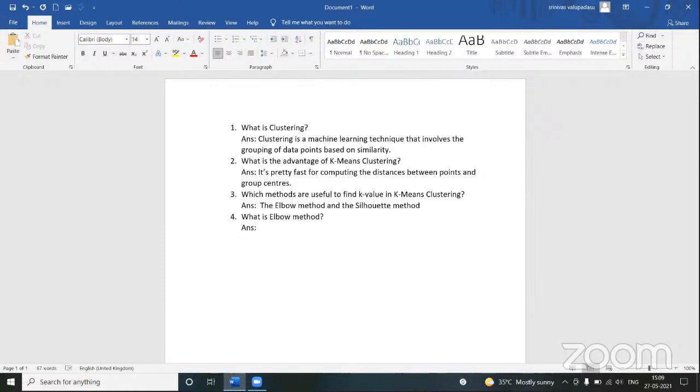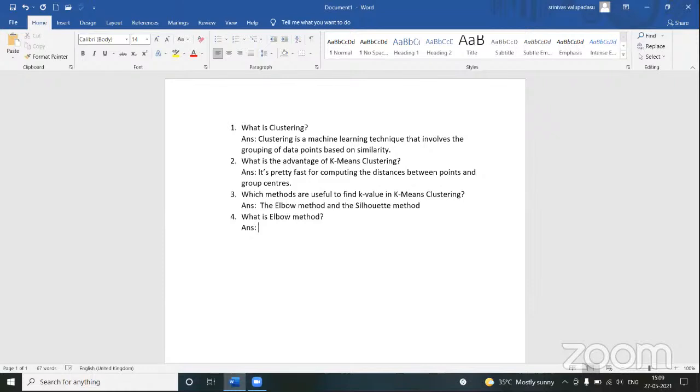So how do we find K value by using the elbow method? The method consists of plotting the explained variation as a function of the number of clusters and picking the elbow of the curve as the number of clusters to use.